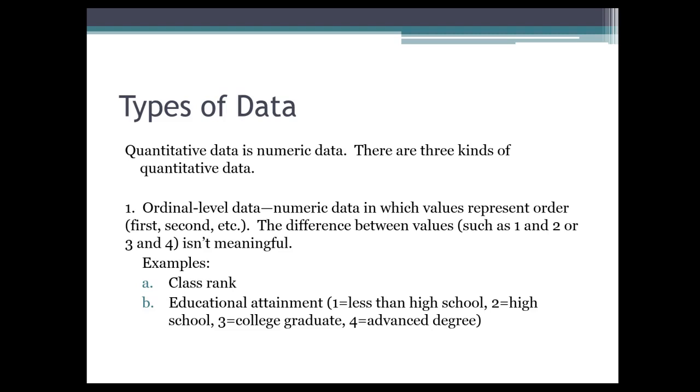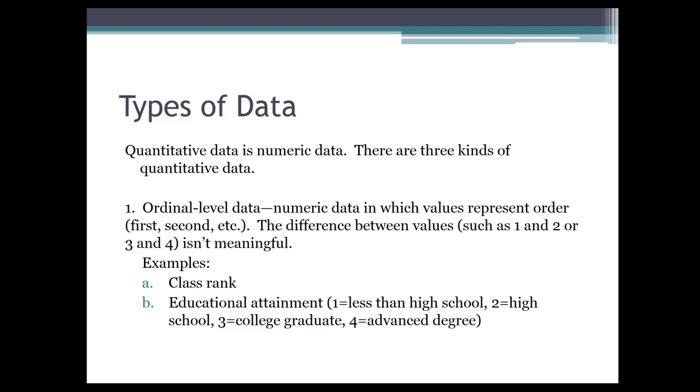It also could be something like educational attainment, where they're sort of categorical, but really this first one is lower than number 2, which is lower than 3, which is lower than 4.